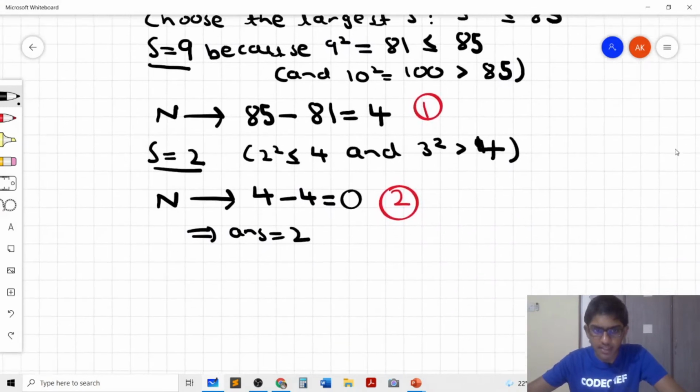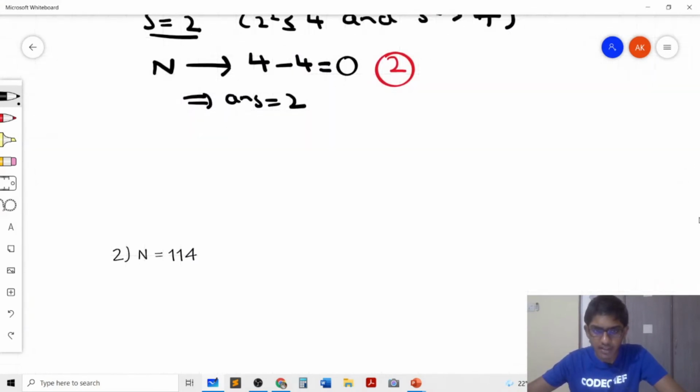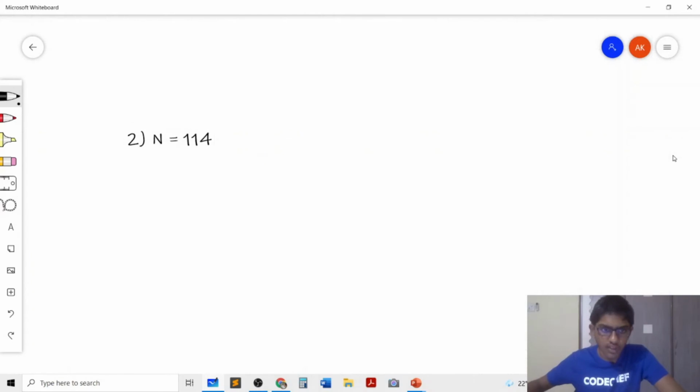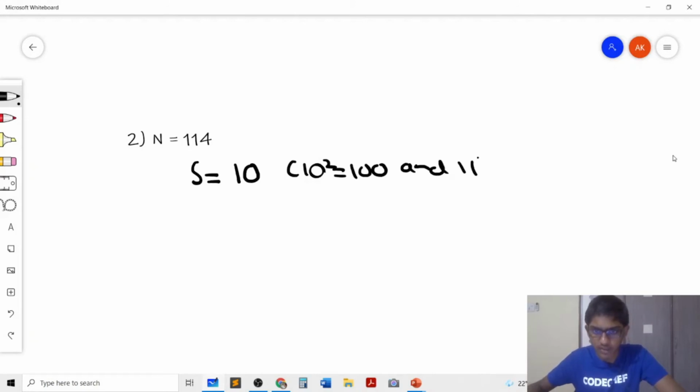In the second sample test case, we have n is 114. Working in a similar manner, we see that our first value of s will be 10, because 10 squared is 100 and 11 squared is 121. We know that 100 is less than 114 and 121 is greater than 114.